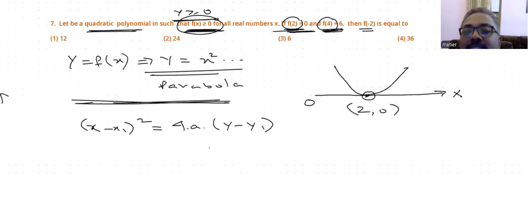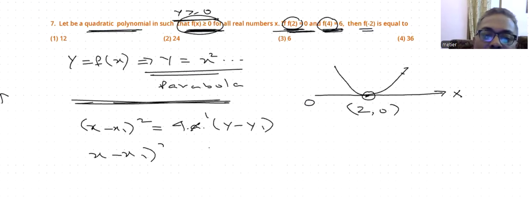Another point here is x is 4, y is 6. Check, x is 2, y is 0. If this is the data given, we are now sure that a is 1, otherwise this equation will not be valid.